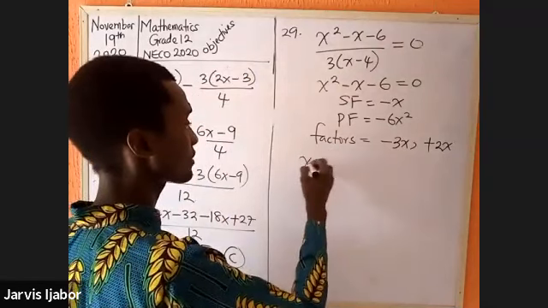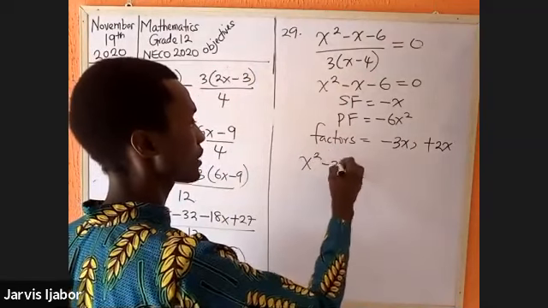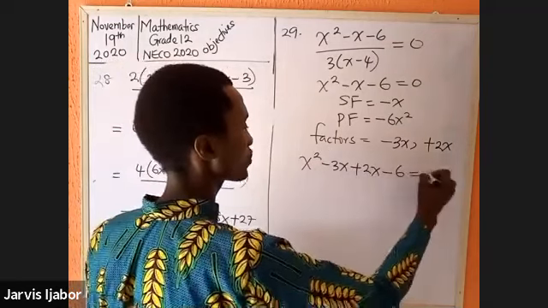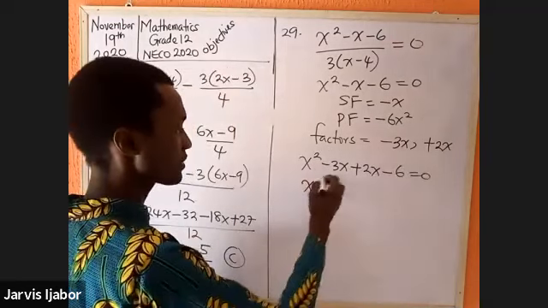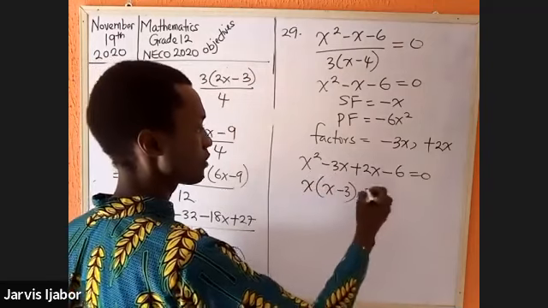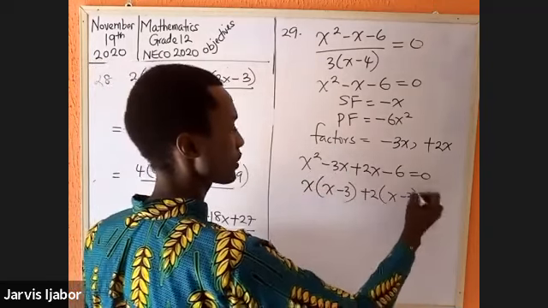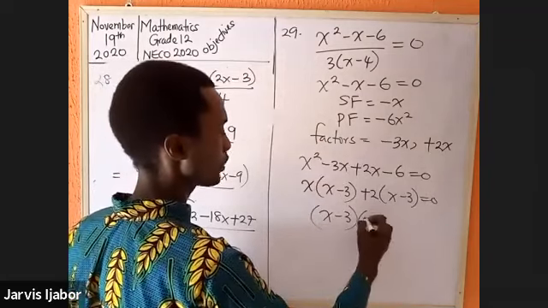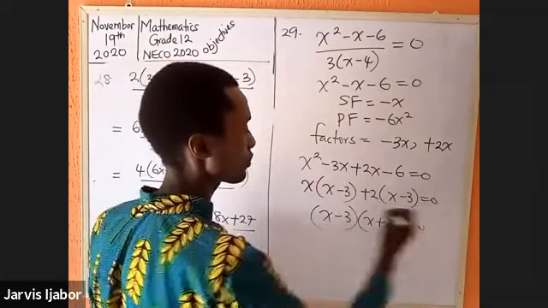So this will be x squared minus 3x plus 2x minus 6 equal to 0. So what do you have here? This will be x into x minus 3 plus 2 into x minus 3 equal to 0, meaning that x minus 3 will go into x plus 2 equal to 0.